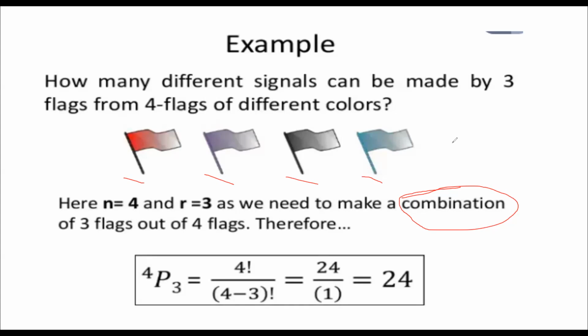Because let me just show you something. If you get red, purple, and black, and then the next time you get purple, red, and black, it's the same combination, right?